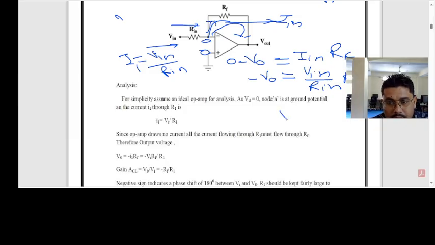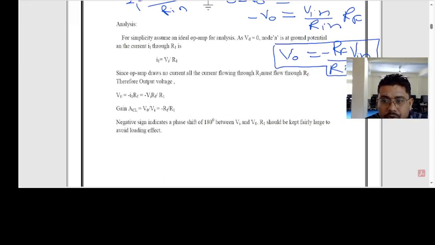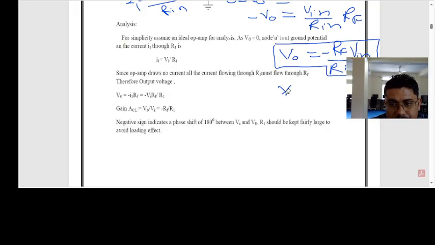So we can write the output directly as minus RF divided by R in, times V in. Rearranging, V0 divided by V in equals minus RF divided by R in.